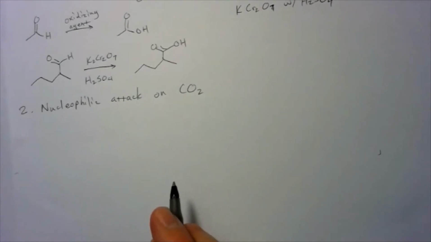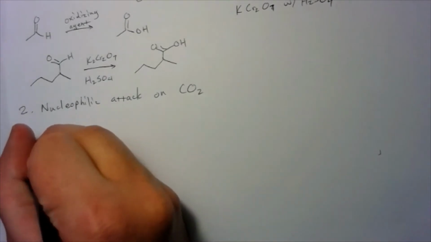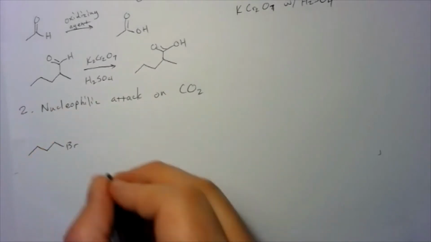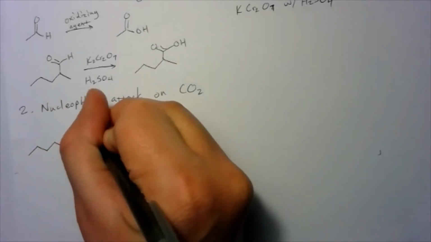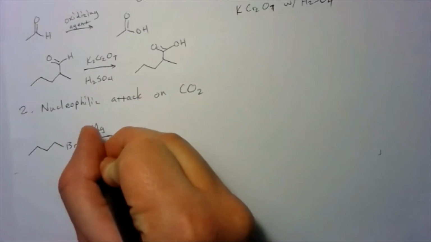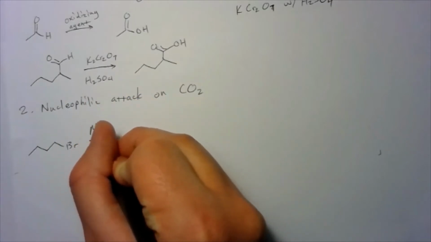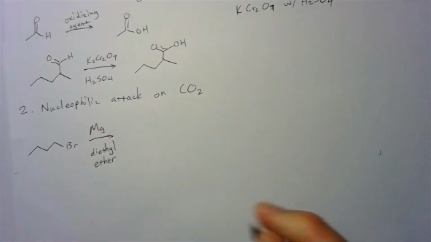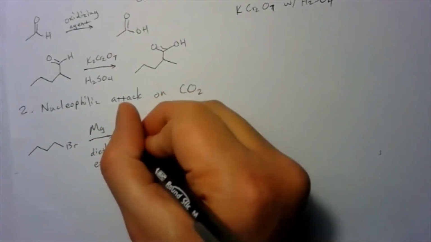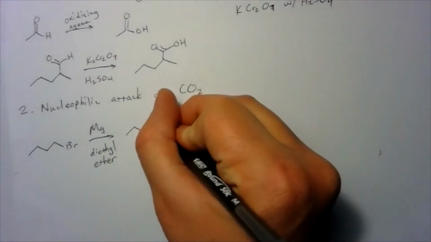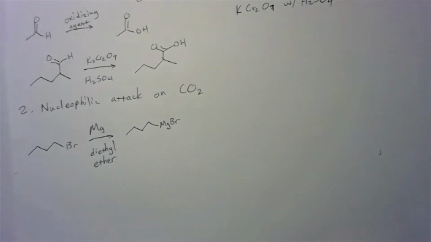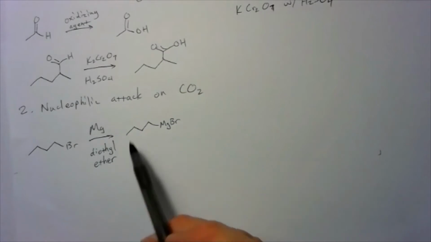We can start with our halogen, treat it with magnesium and of course our ether, which we use to avoid any water. And this would produce our Grignard reagent, where we now have a very strong nucleophile because of our essentially anionic carbon here.